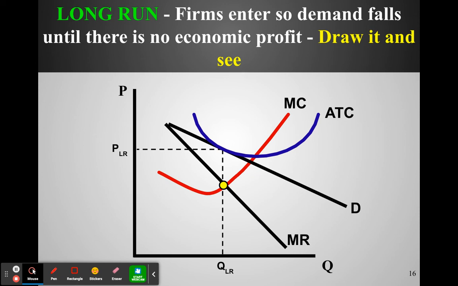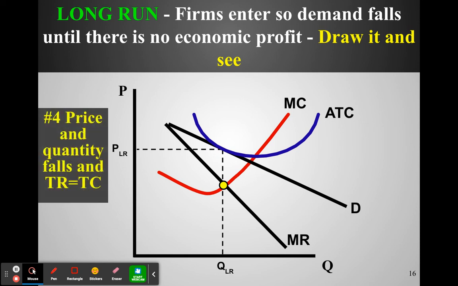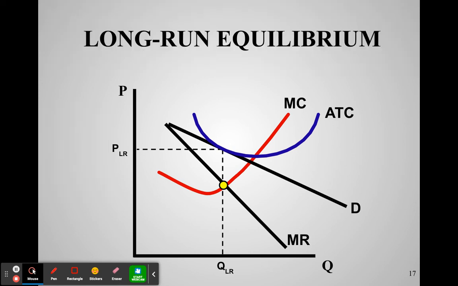Demand has decreased, marginal revenue has decreased, and now we have ATC hitting right where that demand line and the price is. So what's the key takeaway here? The price and quantity fall, total revenue equals total cost, there's no economic profit, and now we are in long run equilibrium.